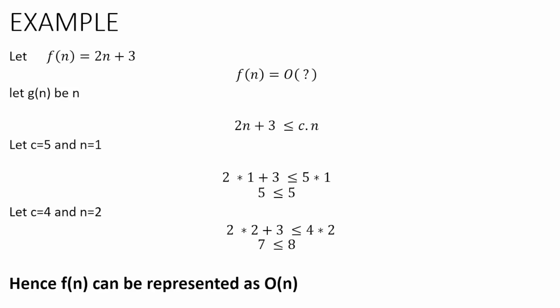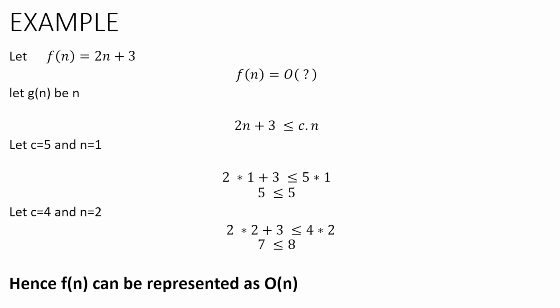Let us assume the value of c is 5 and n is 1. Substituting this value in the above equation, we get 2 into 1 plus 3 is less than or equal to 5 into 1. That is 5 less than or equal to 5. The condition holds true here. Hence, we can say that g of n can be n and f of n can be represented as big O of n.